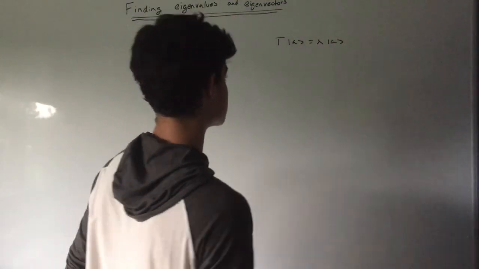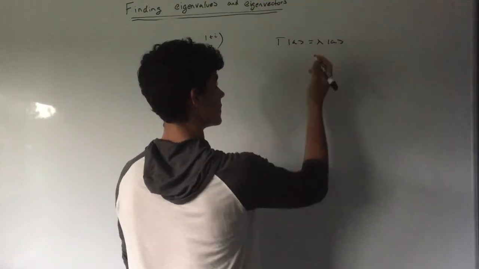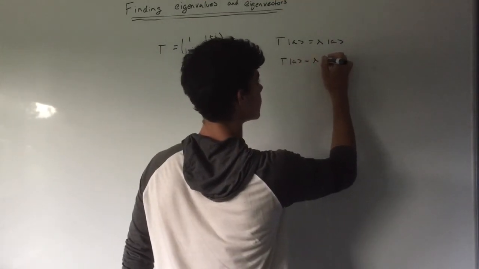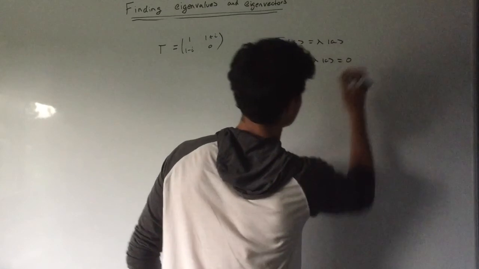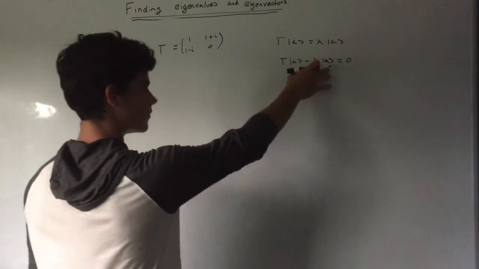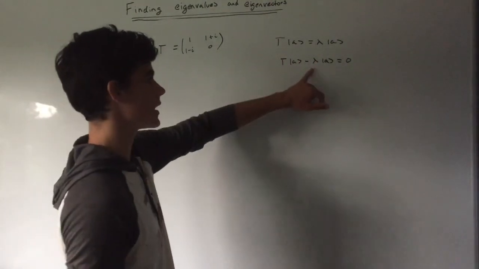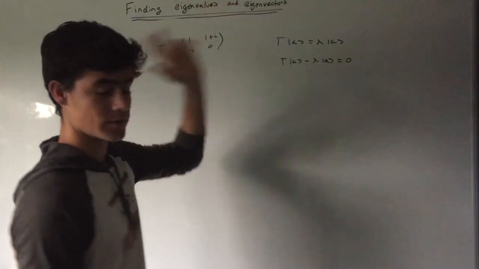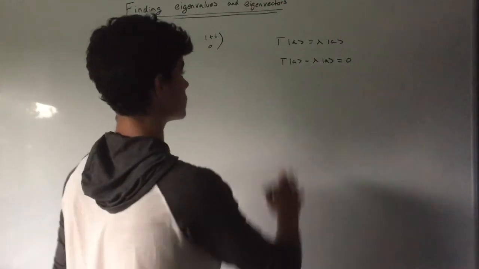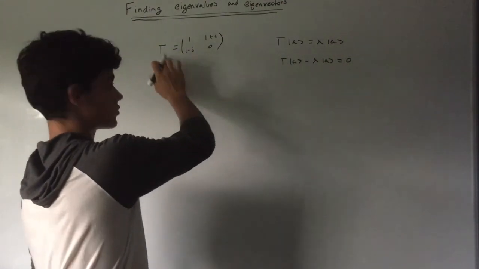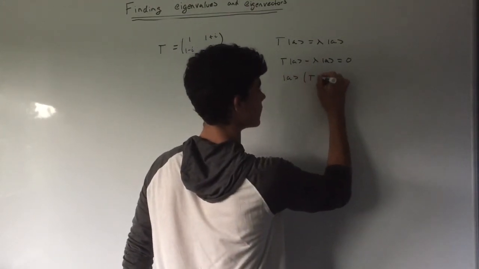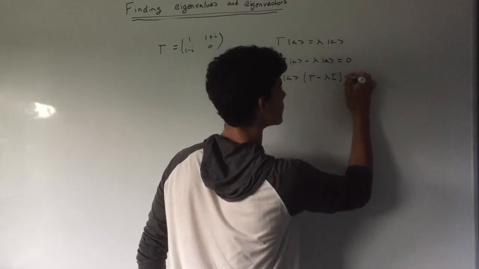If you want to factor out this vector from both of these terms, what we would have to do is multiply the eigenvalue by the identity matrix, as we can't subtract a scalar from a matrix, which is what a transformation is. So what we end up with is that.